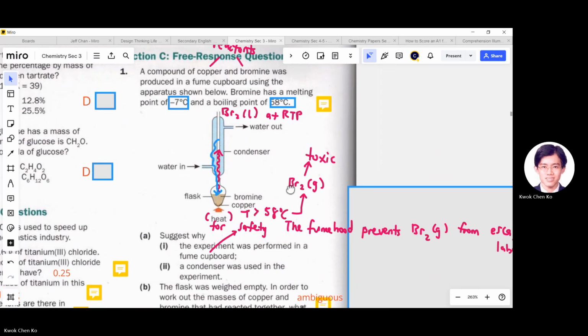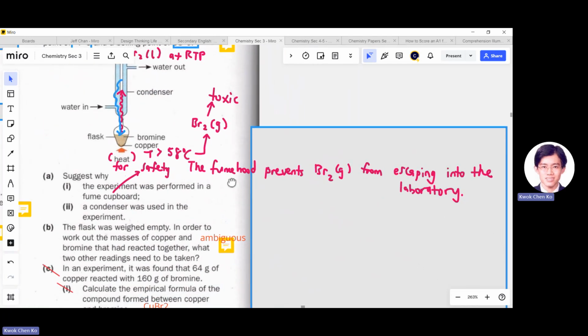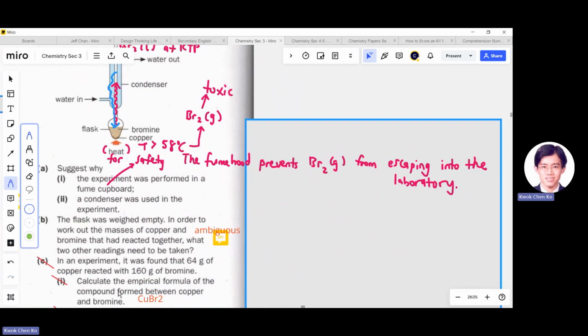Anyway, just to phrase it into nicer words: the condenser condenses bromine vapor back to liquid, which drips back into the reaction flask.